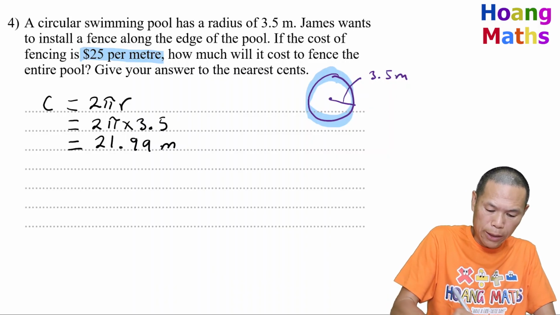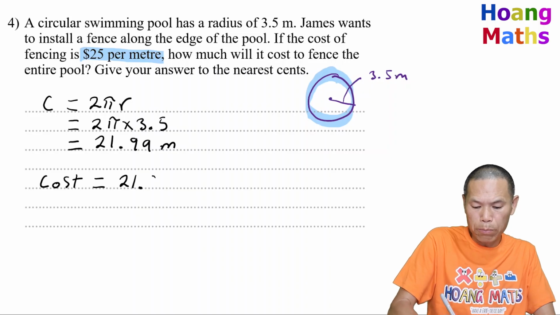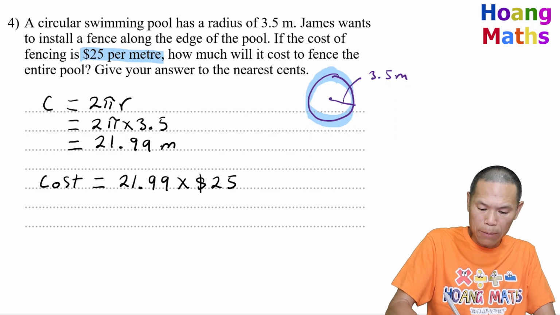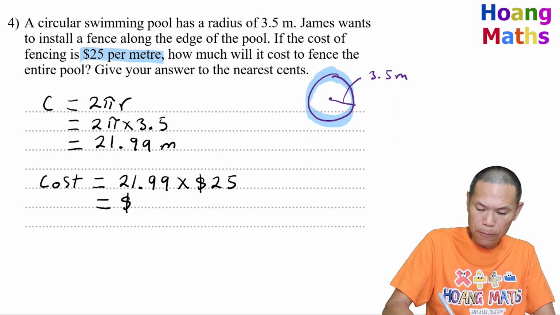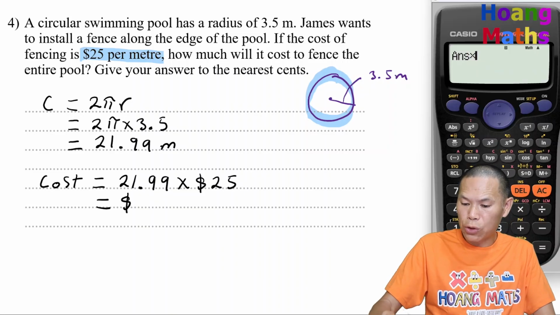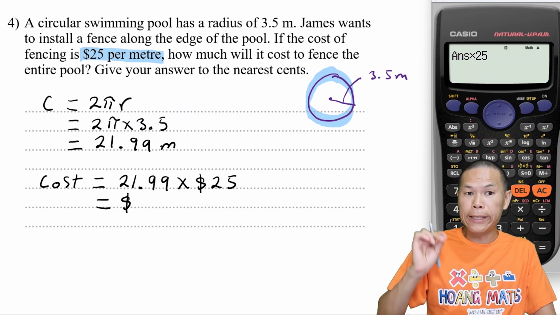Let me just write this down. Cost is equal to 21.99 times $25, or times 25 if you wish to write. And that should give me, so I just go answer times 25. That's better, so I don't miss any digits.